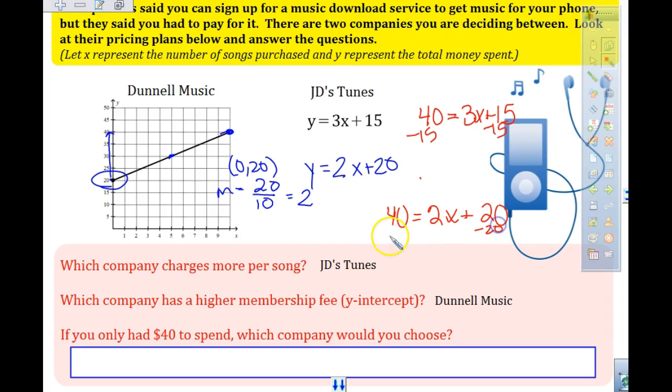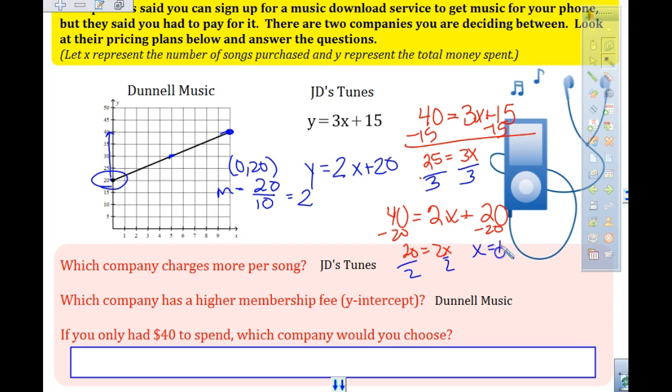The first step should be to subtract 20, right? So 40 minus 15 gives us 25 equals 3x. 40 minus 20 gives us 20 equals 2x. In the first one, Abigail, what are we going to do to solve? Divide by 3. The second one, we should be dividing by 2.